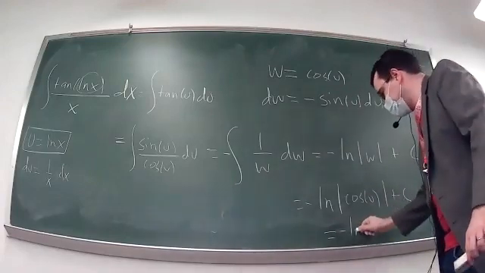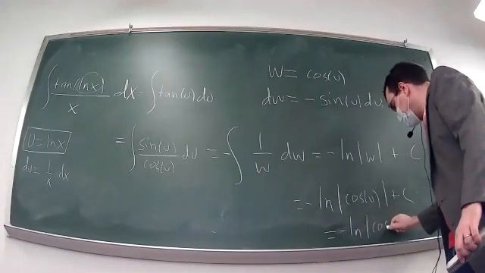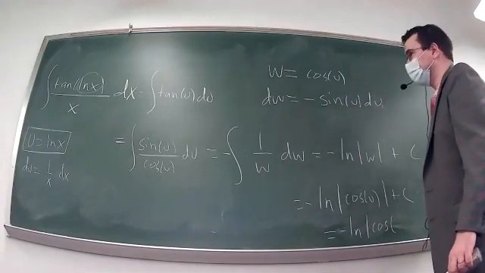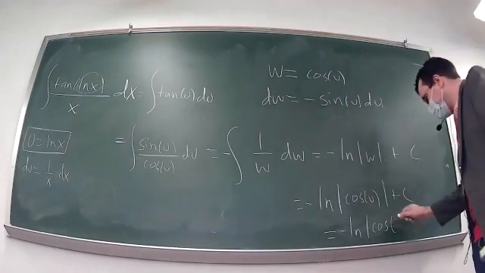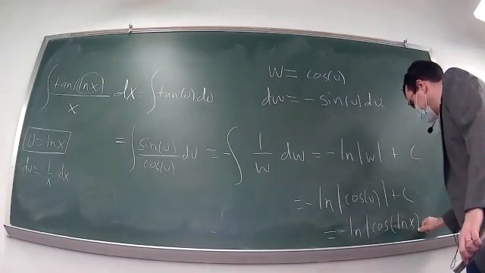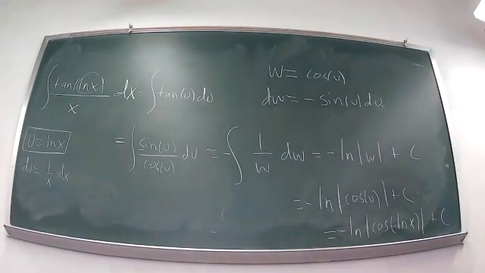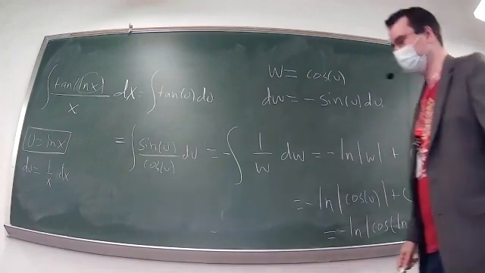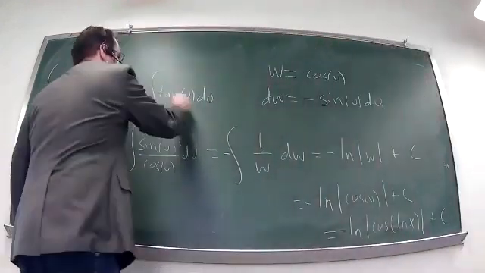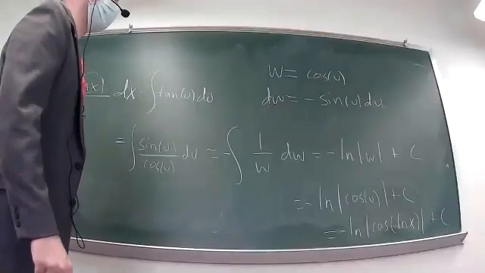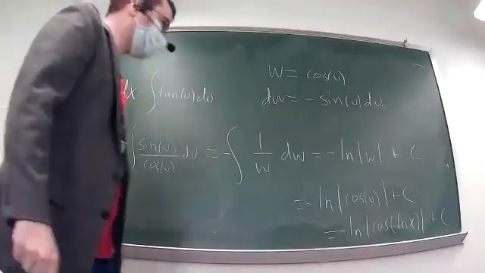So that's minus natural log absolute value of cosine of natural log of x plus a constant. So yeah, I wasn't going to be figuring out this one just from nothing in my head. I think we had to go back.